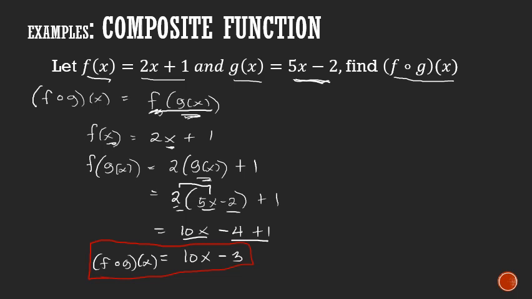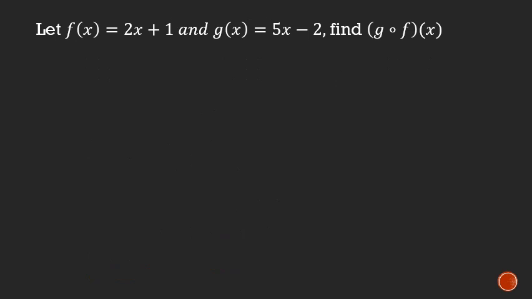Okay, the next example will be, let's say we have still the same value for f of x, which is 2x plus 1, and the g of x is 5x minus 2, but we want to find the g circle of f.